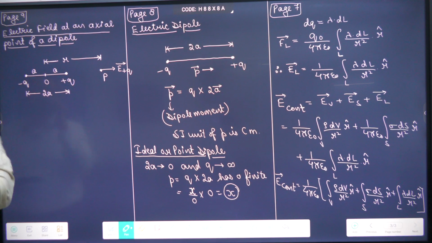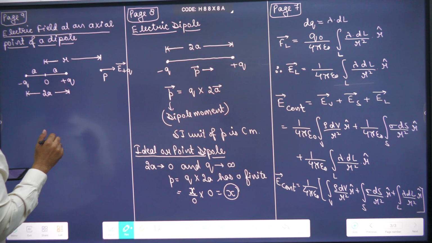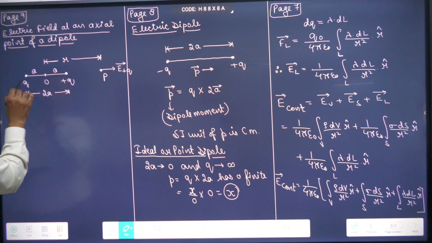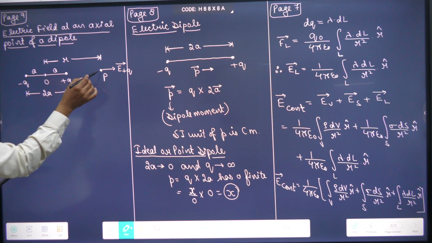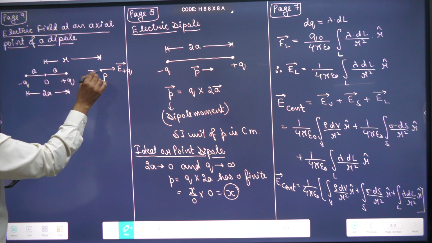Now, if we talk about this minus Q charge, this minus Q is going to attract this plus Q charge.